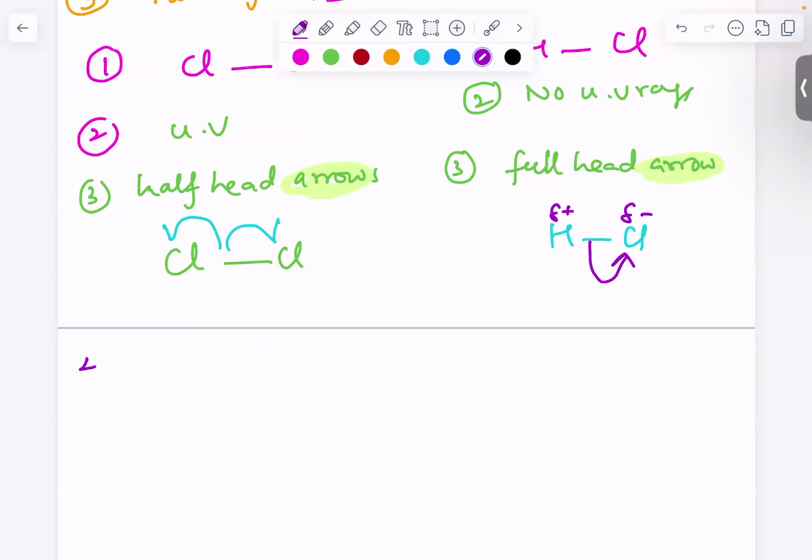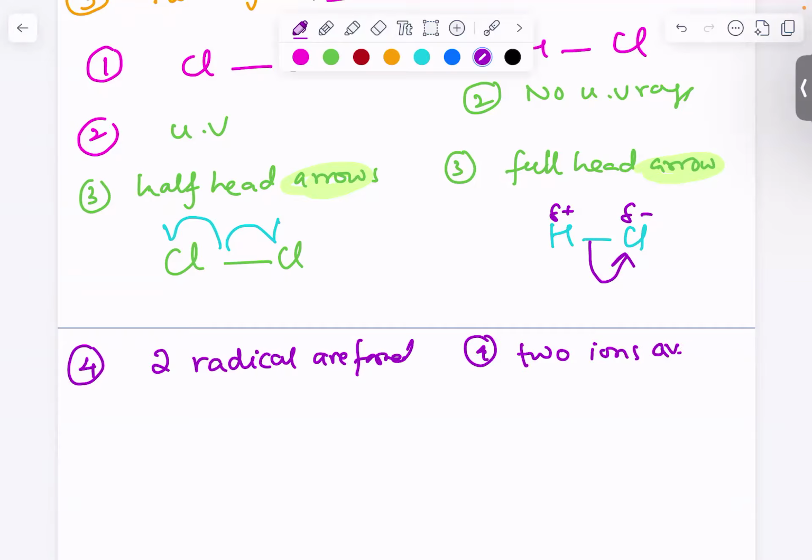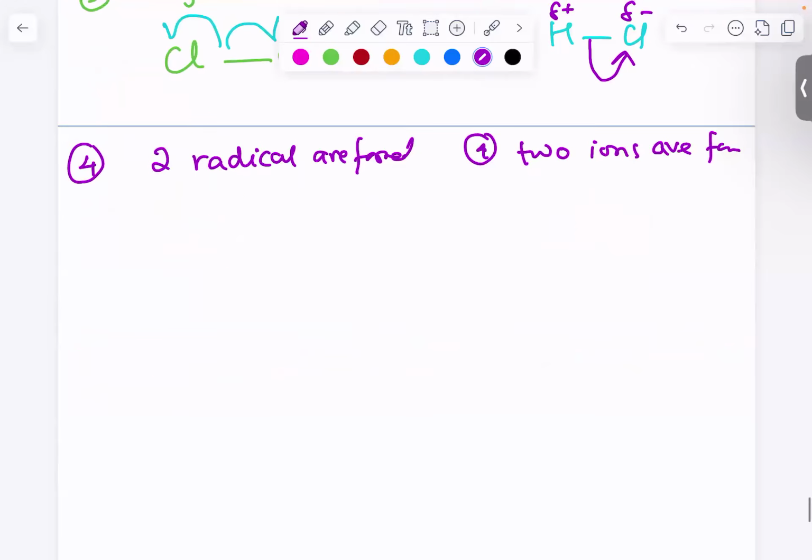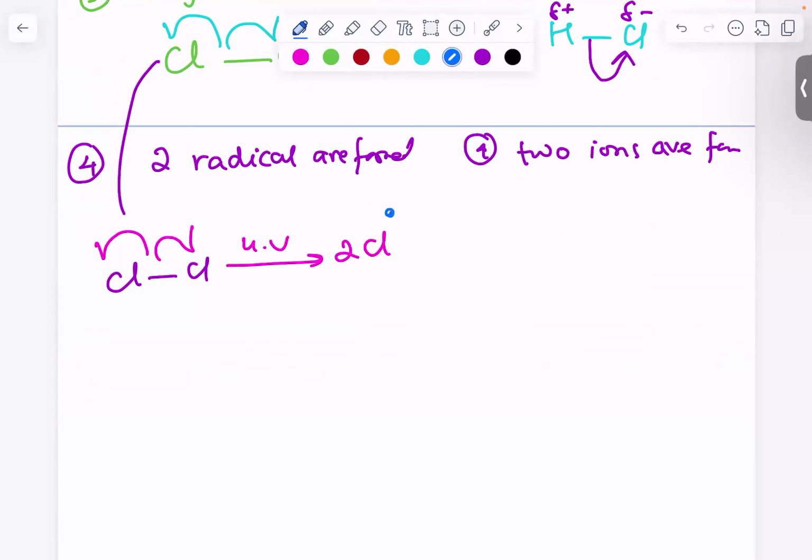Now the fourth thing is, after the fission, two radicals are formed in homolytic fission, while in heterolytic fission two ions are formed. This is the very important difference. Now let me complete this equation. Cl-Cl, half-headed arrow, UV light, 2Cl dot.